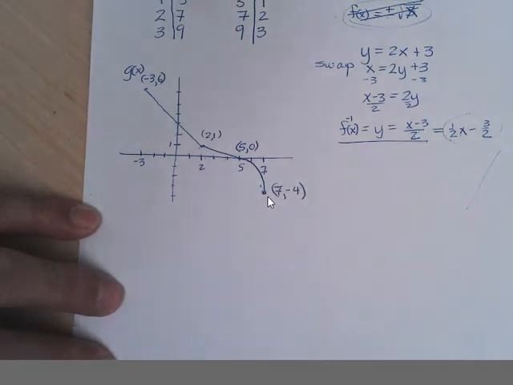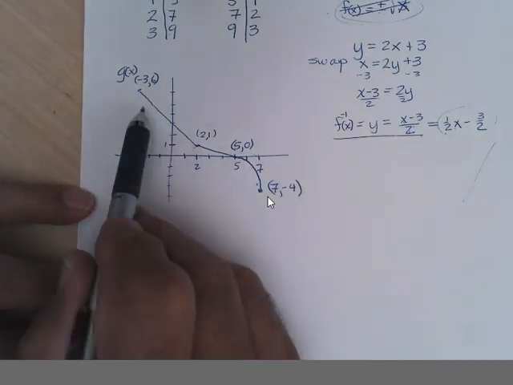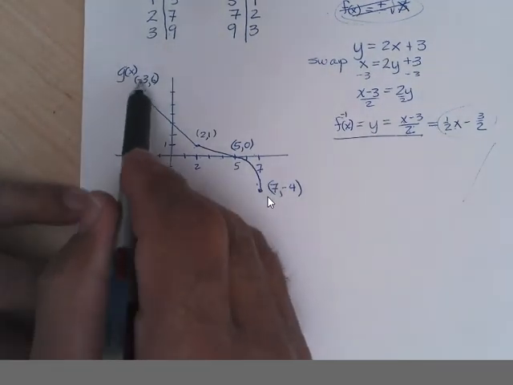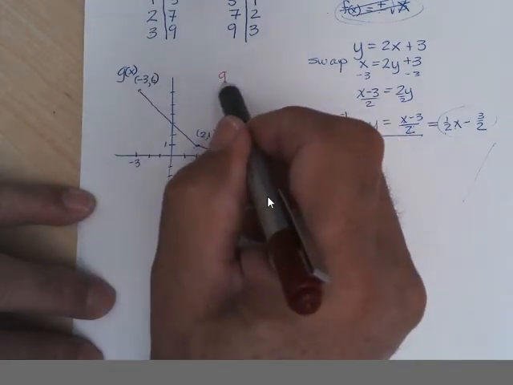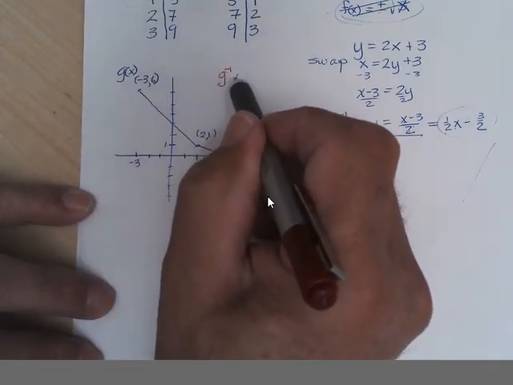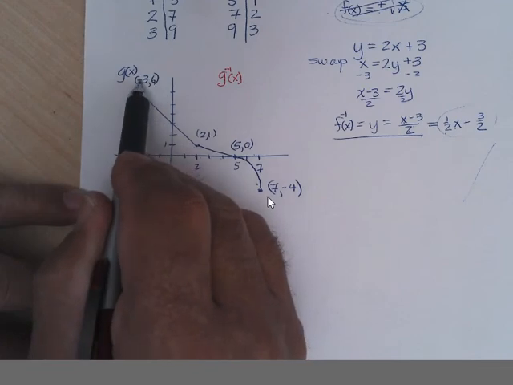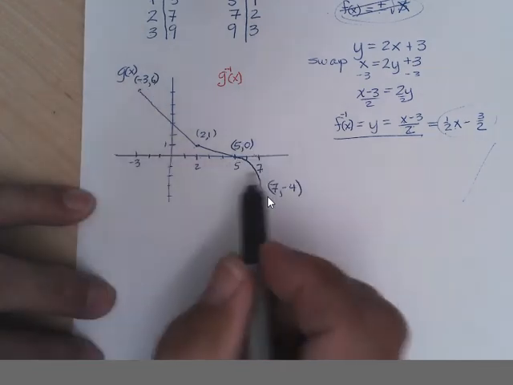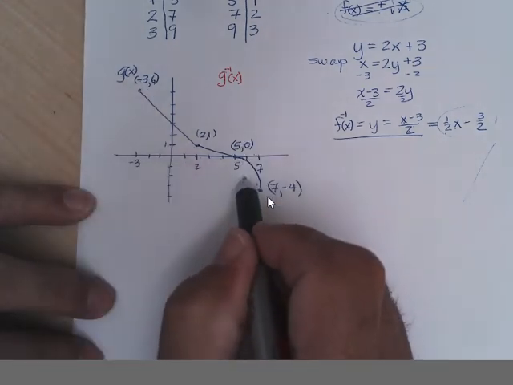So what would the inverse look like? Okay. Well, g of x takes a -3 and makes it a 6. So g inverse of x would take a 6 and make it -3. So I plot that point, (6, -3).